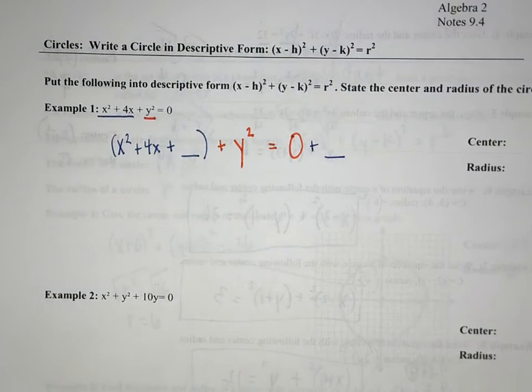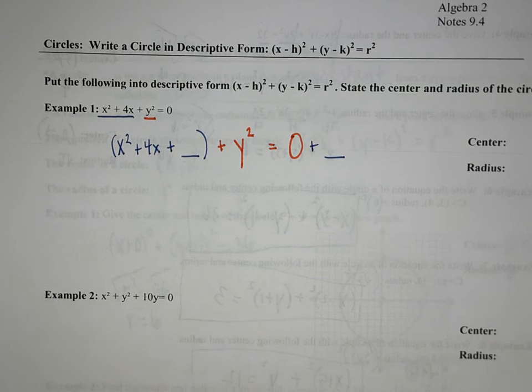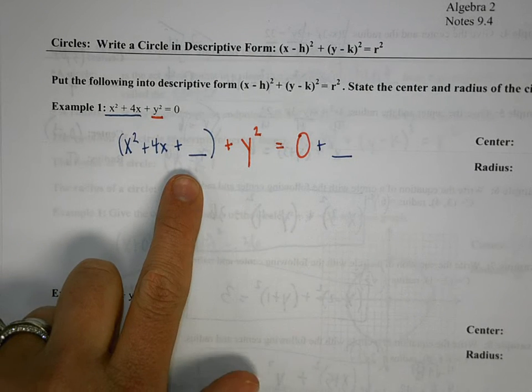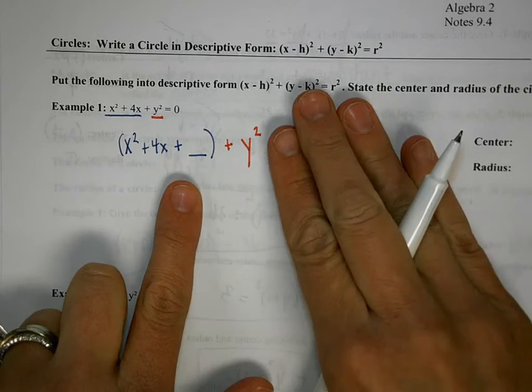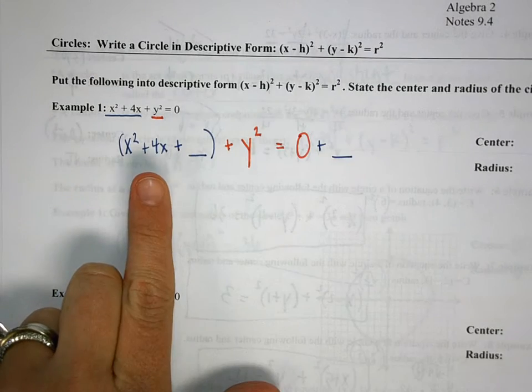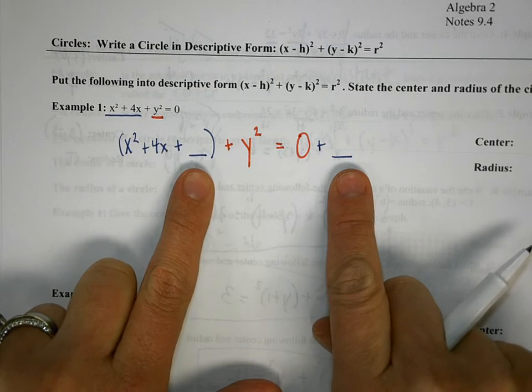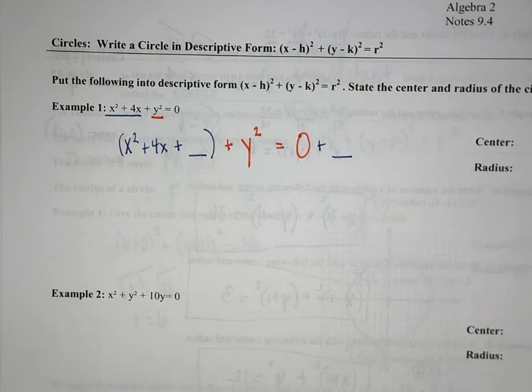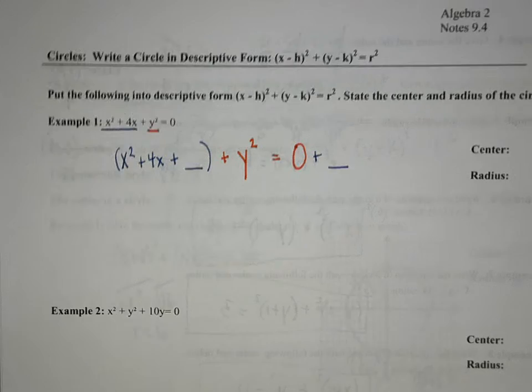Now when we were doing the parabolas, if I added a blank, I subtracted a blank because I was on the same side of the equal sign. In this case with the circle, I'm going to add to both sides. When you add to both sides, you keep them exactly the same.